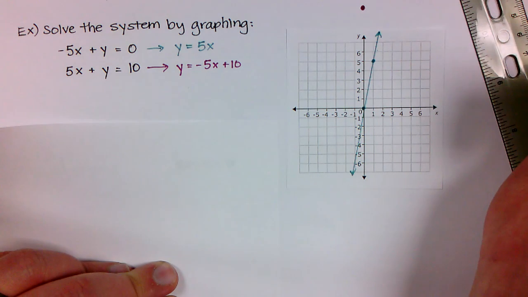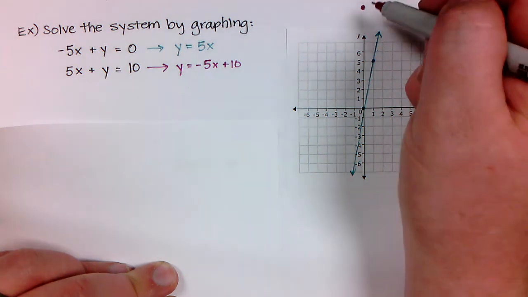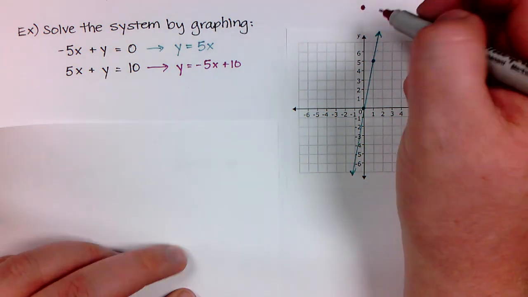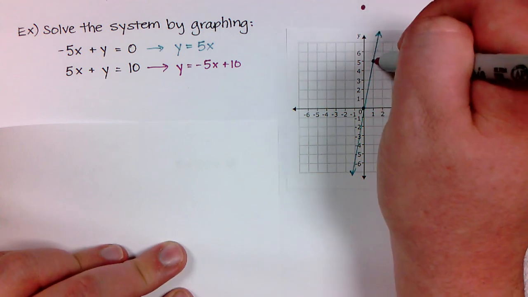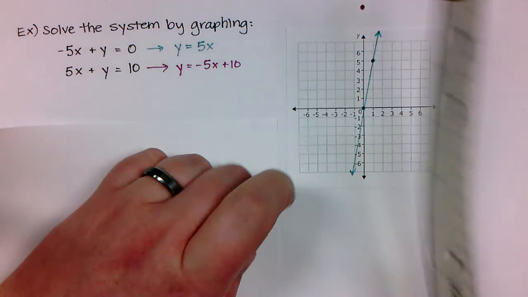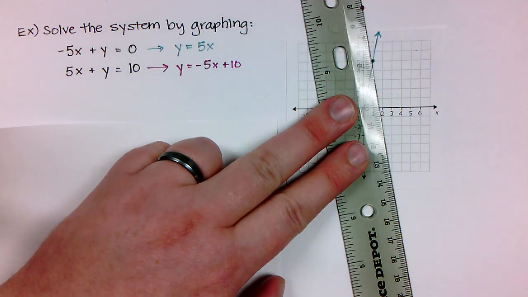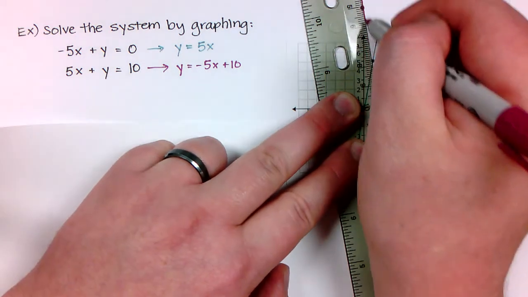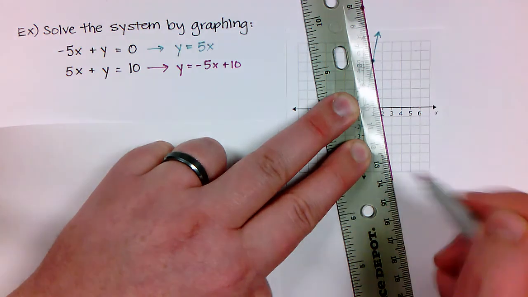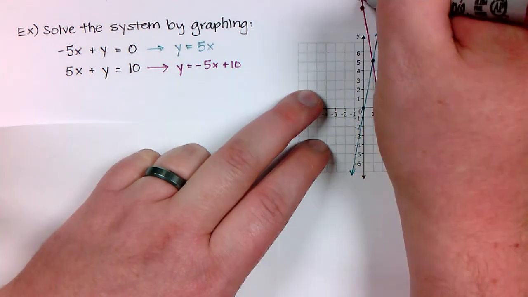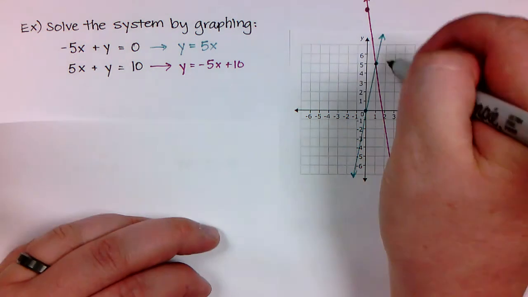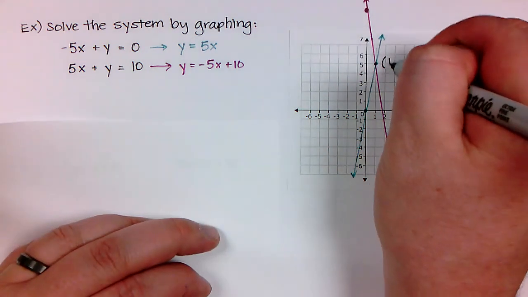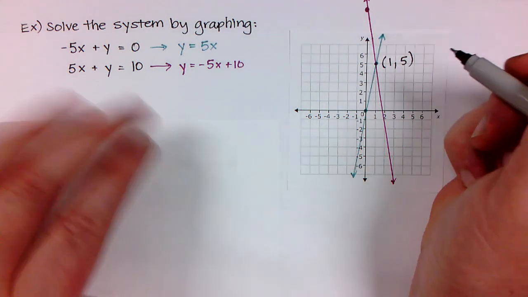If you have graph paper, it's not going to be a problem for you. And then I'm going to go down 5 and over 1. It's actually a dot that I already have, so it's kind of cool. And there you go. Looks like it's crossing at 1, 5.